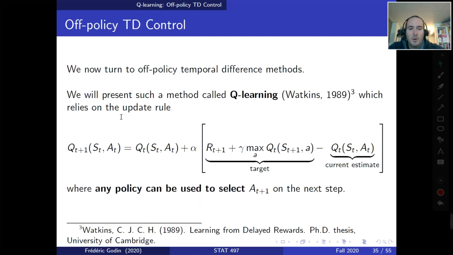Okay, so let's go back here. What justifies taking the maximum across all actions?